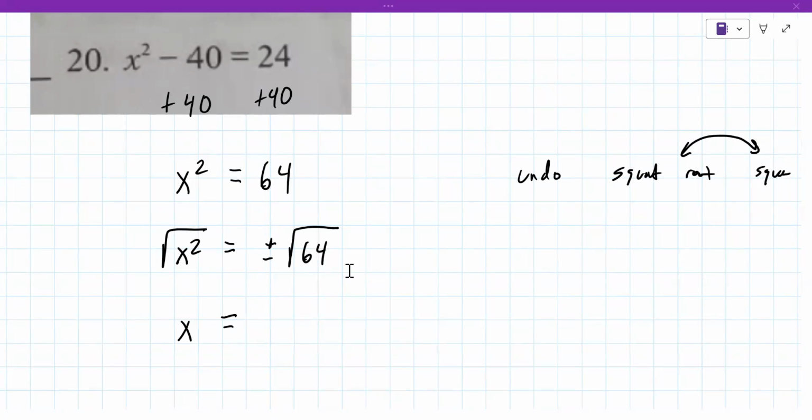All right, what is the square root of 64? You are welcome to use the calculator if you would like. Let me just grab the calculator.